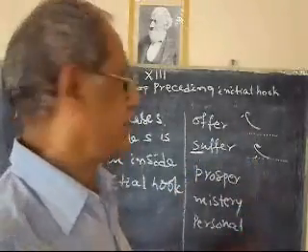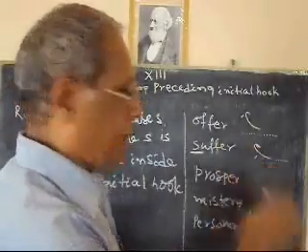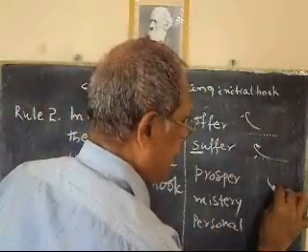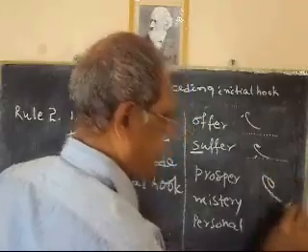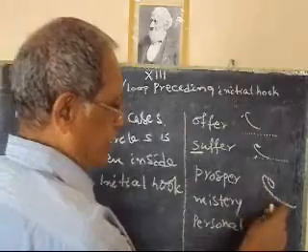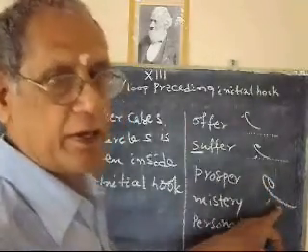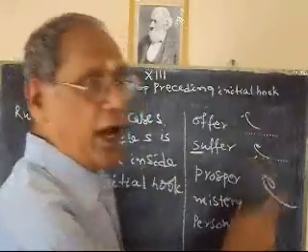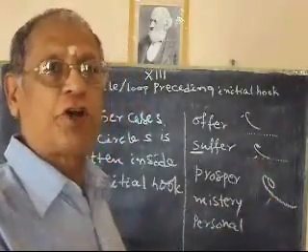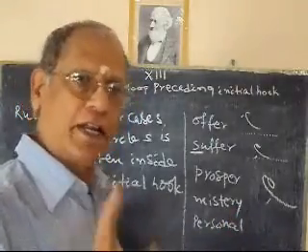Per. Suffer. You see, circle like this. This for suffer. So the circle and the hook are to be shown clearly.